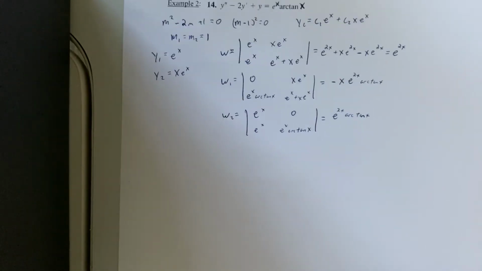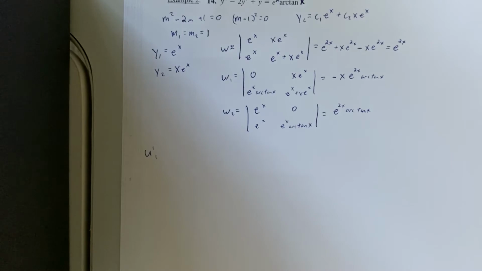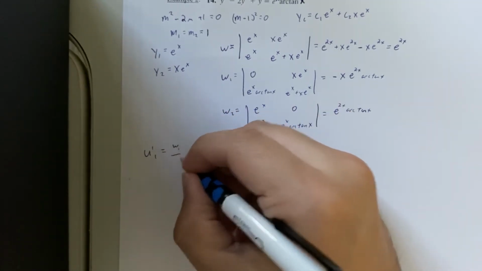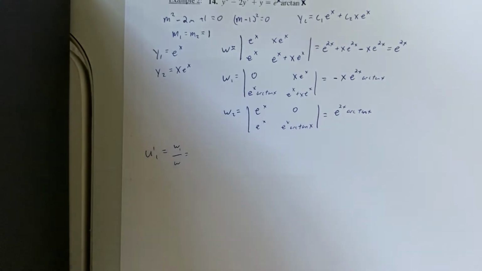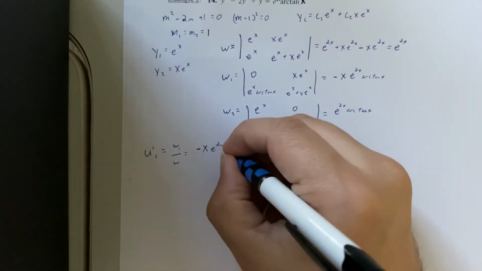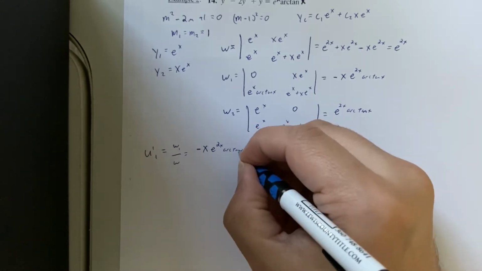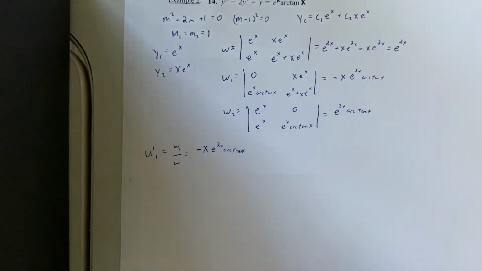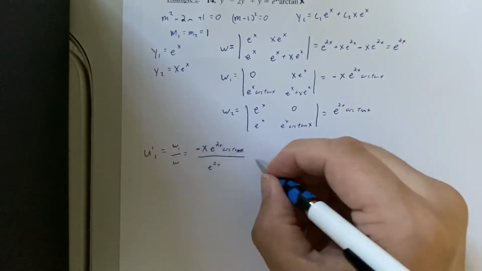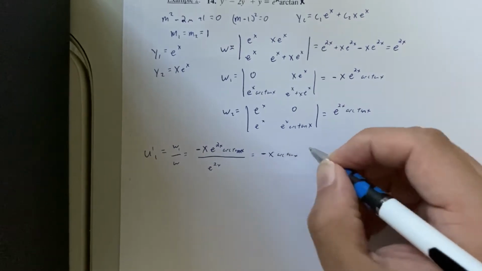Now, to find my u sub 1 prime, I'm going to do W sub 1 over W, which is negative x e to the 2x arc tangent of x all over e to the 2x. And so what I'm given is negative x arc tangent of x.